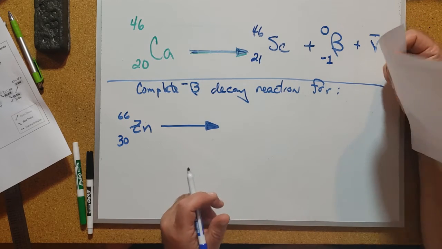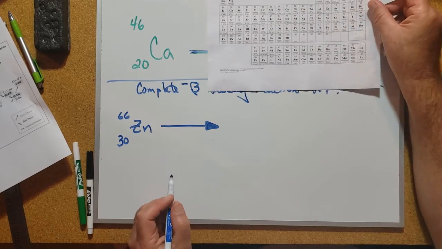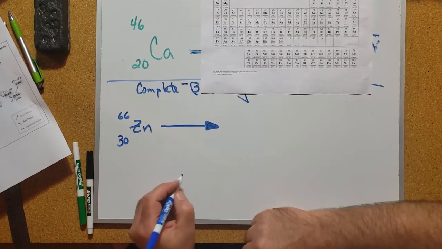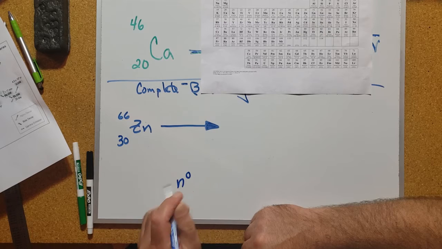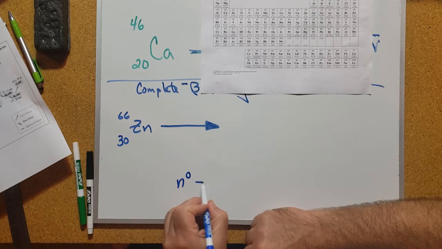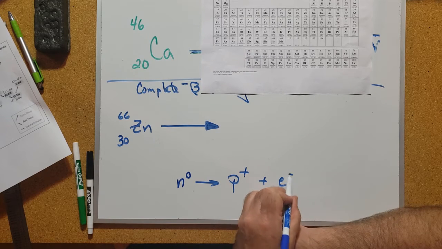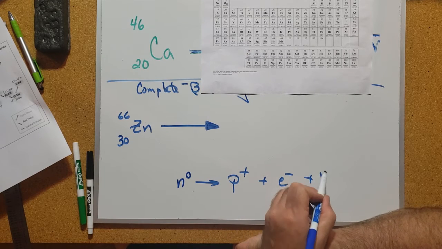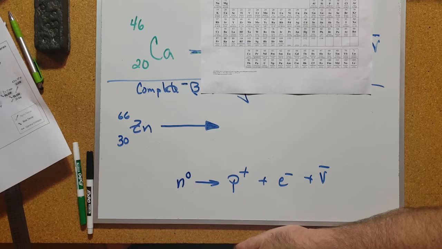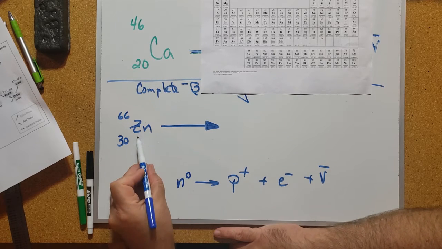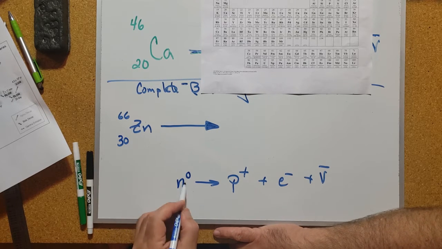Well, we have to go back and recognize what we discussed in the previous problem, that a neutron inside this nucleus undergoes a change and becomes a proton plus an electron plus an antineutrino. Let's not forget that. One of the neutrons in this nucleus is now gone.